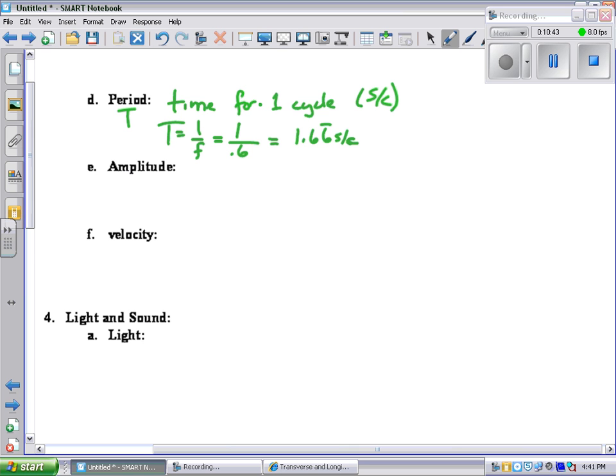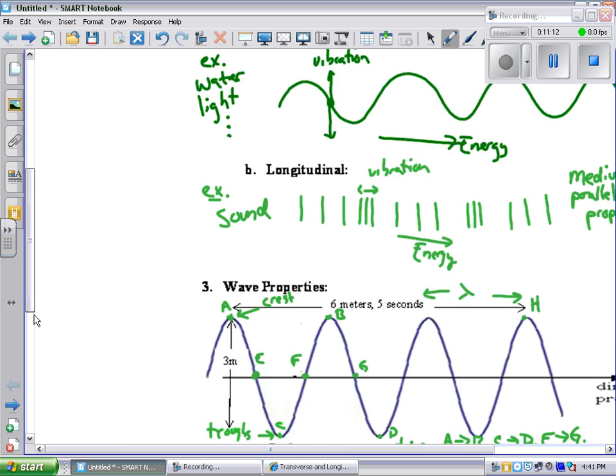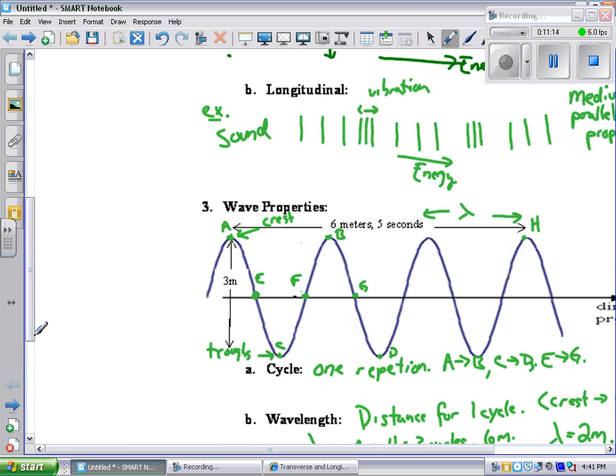The amplitude is the maximum displacement from equilibrium, okay? It's almost always going to look like height for these. And if I go back to our example on the other page, we can see that the total height for this wave from the bottom to the top was 3 meters.